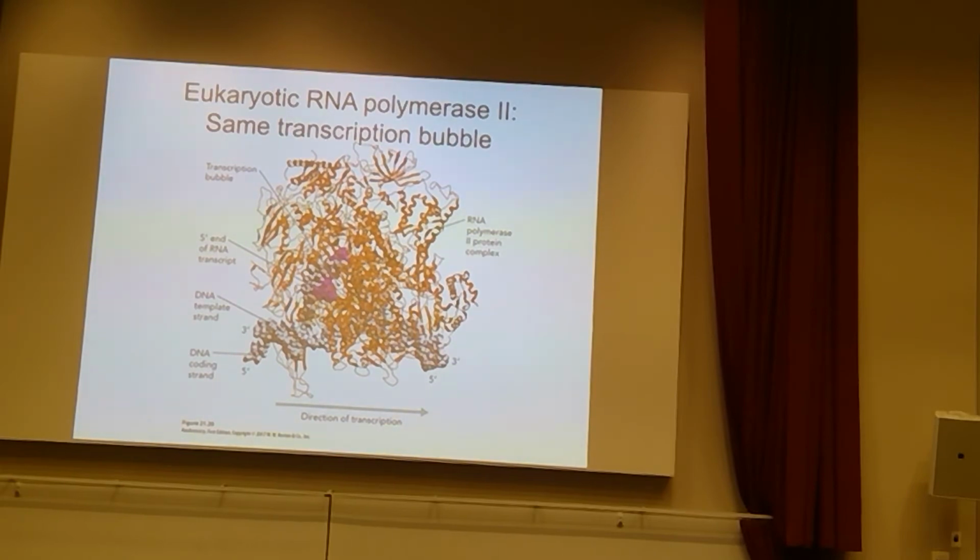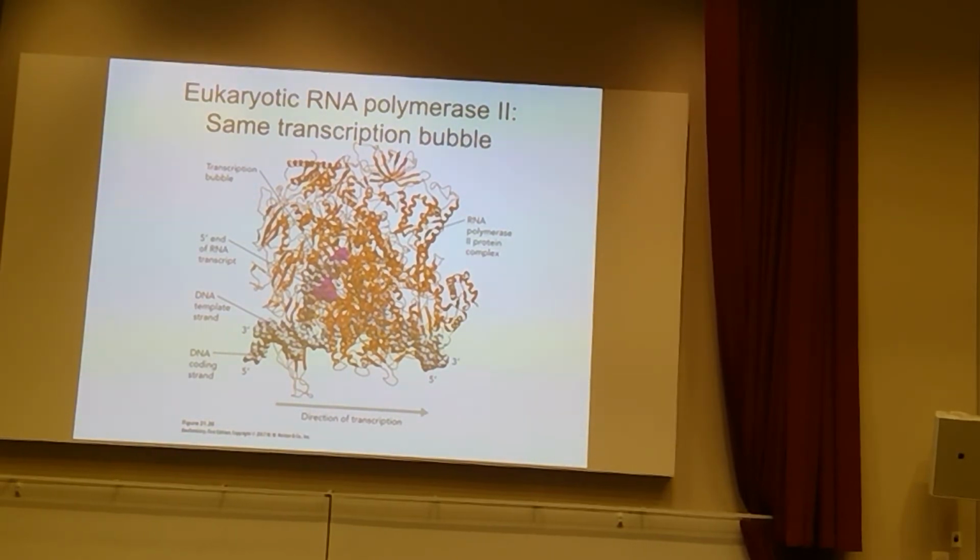Okay, so once we've got everything in place, and the RNA polymerase itself is part of that active complex, we can begin to generate the mRNA product. It's a very similar process to what we were looking at before in the case of the prokaryotic systems. This shows you the transcriptional bubble.